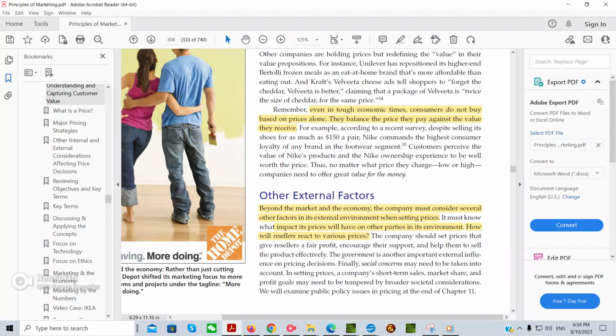That's an important thing to consider. If you're a wholesaler selling to a retailer, but you're increasing your price, will they still buy the same quantity, or will they buy less? Usually they won't buy more unless they need more. The company should set a price that gives resellers a fair profit, encourages their support, and helps them sell the product effectively. Okay?